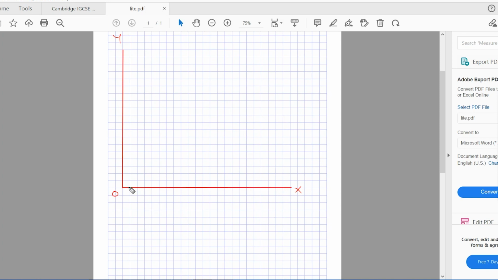The vertical line will be your y-axis. So let's start with our work. 1, 2, 3, 4, 5, 6, 7, 8, 9, and 10 respectively, on both axes.